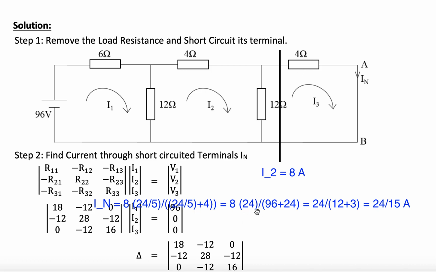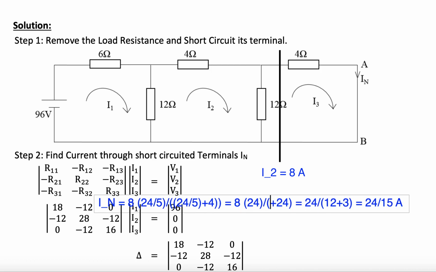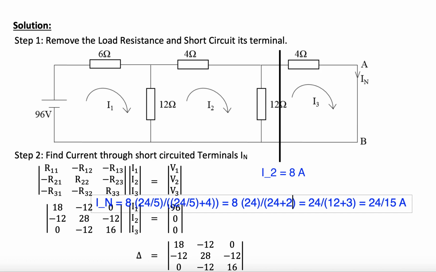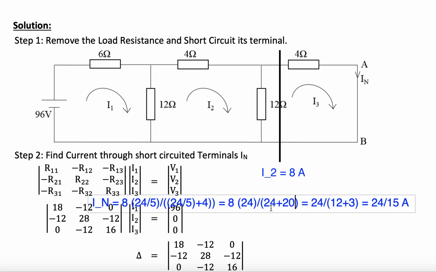Up to here there is no problem. 8 into 24. Okay. We went wrong here. This is going to be 24, not 96. 5 4s are 20 here. Okay. That is where we went wrong. Right.